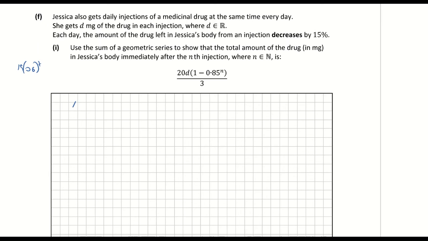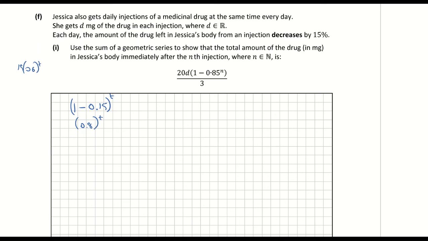You know our compound interest formula is given by 1 minus our interest rate, but in this case it's going to be 1 minus what it decreases by, and it's decreasing here by 15%, which is 0.15, to the power of t. That's going to give me 0.85 to the power of t.